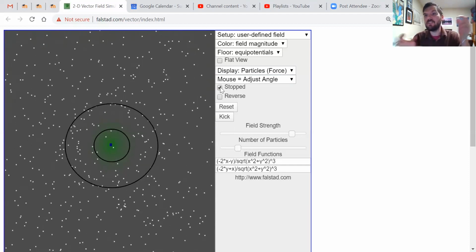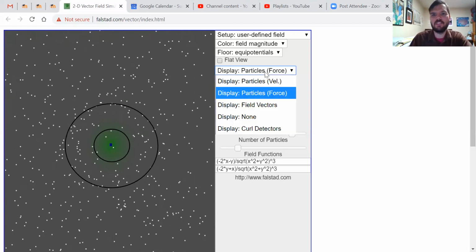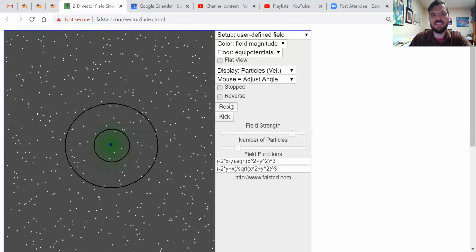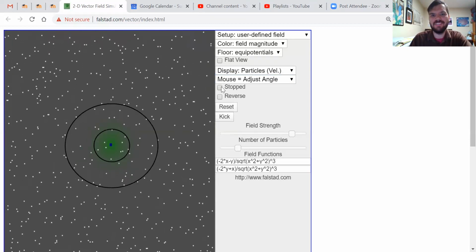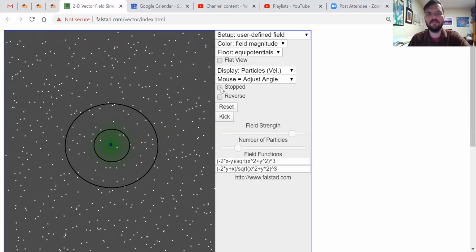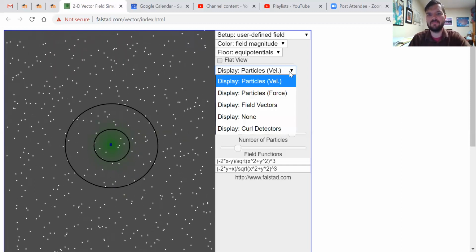It's accelerating so fast in the center that it's ejecting particles. So we'll keep it a little bit simpler with our velocity field. It's a little bit easier to keep track of. And then we're thinking of it in terms of fluid flow in that case.